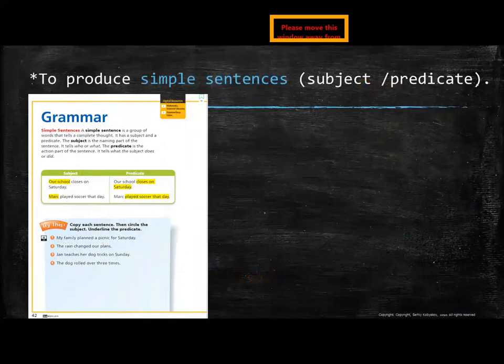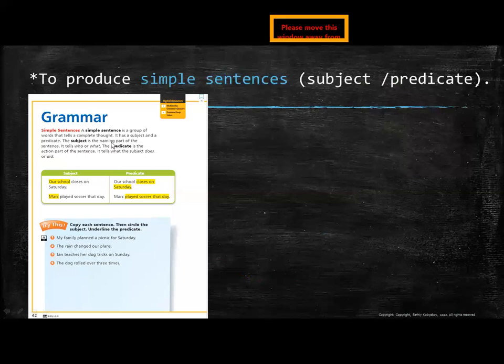All right, so the first thing we're going to do is look at simple sentences and how you can fix one, create one. So let me read this out for you. Simple sentences. A simple sentence is a group of words that tells a complete thought. And this simple sentence has a subject and a predicate. Now, what is a subject?